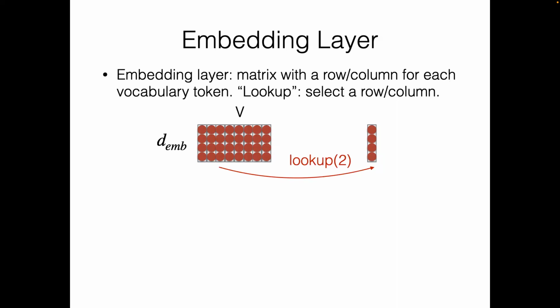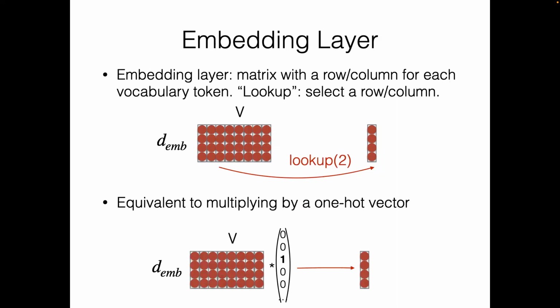So like the first one might be the letter A, the second one might be the letter B, and so on. And then you can have this operation, which is like, okay, look up a given token index. So if the letter B is represented as the number 2, then you can look up the vector for that token.